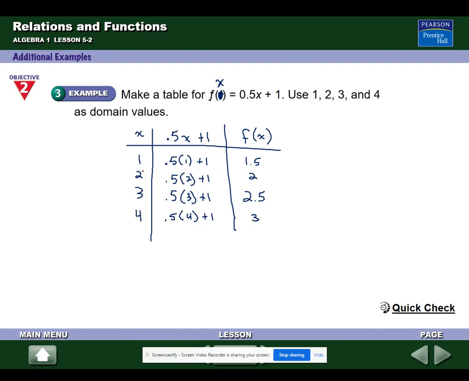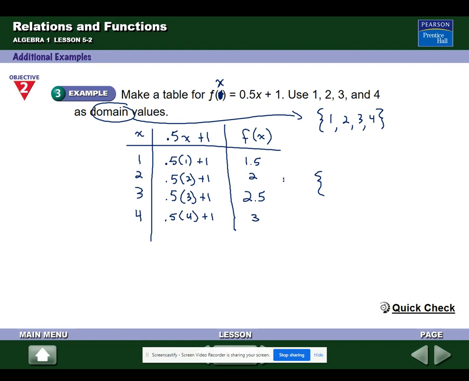Now, it does say use 1, 2, 3, 4 as domain values. The way we do that, as we outlined on the worksheet, is to use braces. 1, 2, 3, 4. That's the domain. I'm going to list the range in the same way.